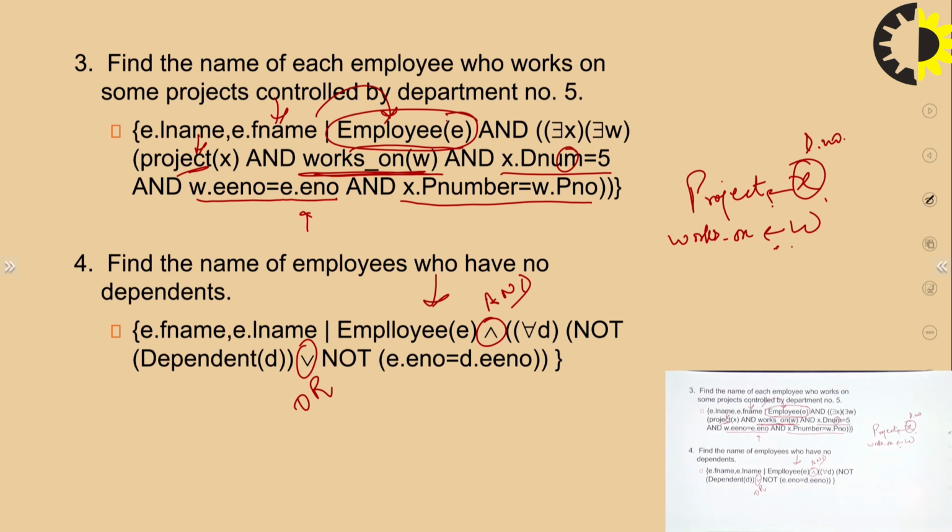So here, and for all D not present in the dependent. This is very important. So not in this particular, or not, is equal to and whose information is not present in the dependent table. In this way you will list all the employees who have no dependents.